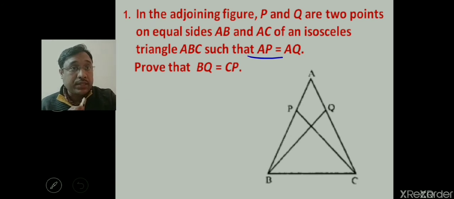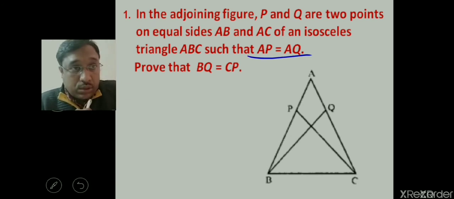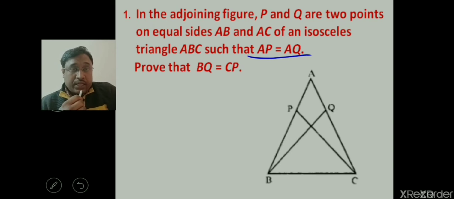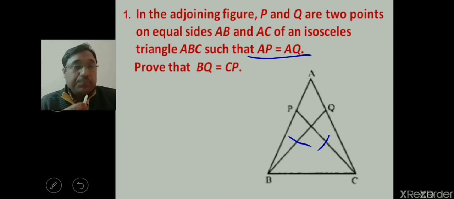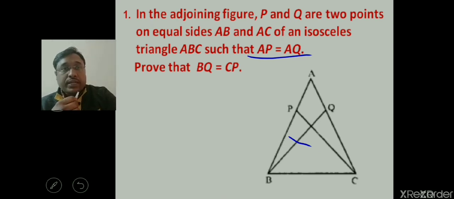Then prove that BQ equals CP. By the figure it is clear what BQ is. This is BQ and this line is CP, so that you have to prove. I think the question is clear.